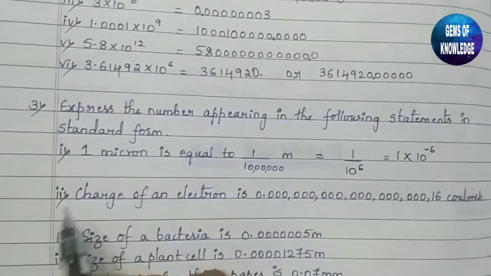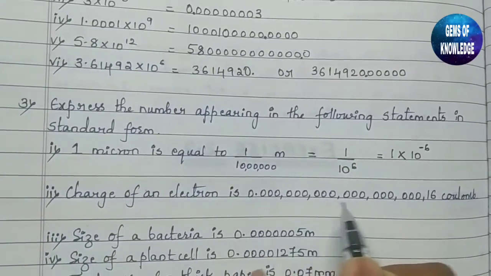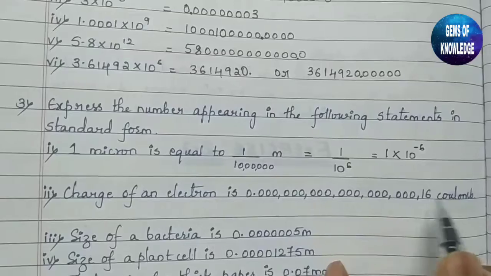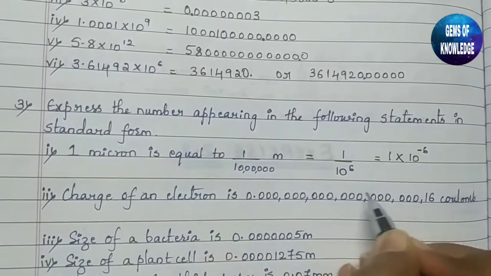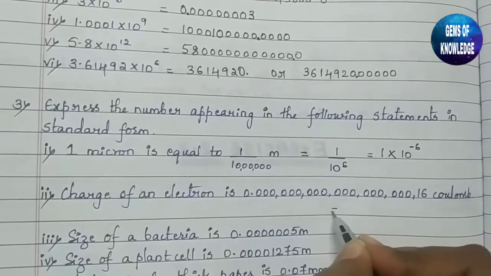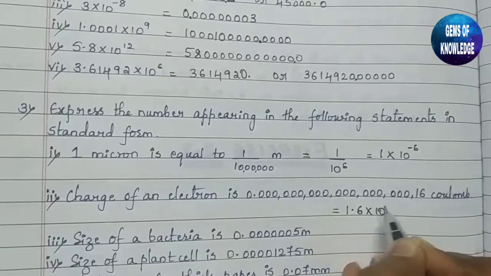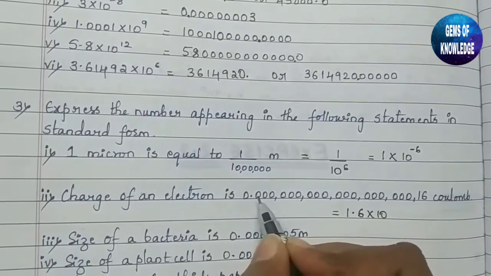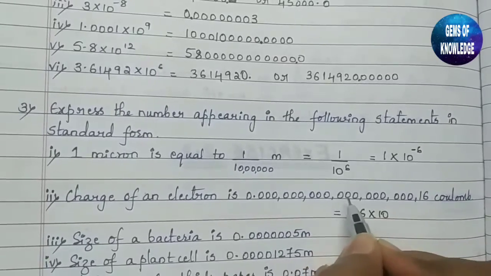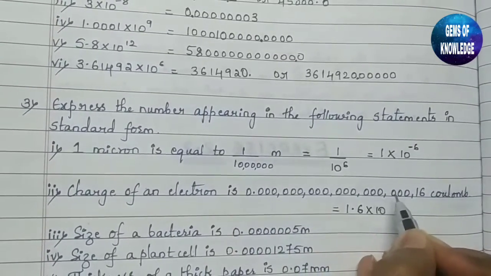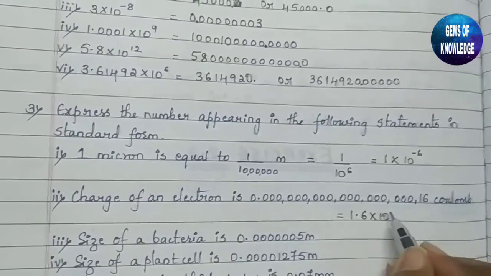Similarly, you can see the second question. Charge of an electron is 0 point and this much into 16 coulombs. So what we have to do is move our point from here to here. It must be written as 1.6 into 10 to the power of how many numbers? 1, 2, 3, 4, 5, 6, 7, 8, 9, 10, 11, 12, 13, 14, 15, 16, 17, 18 and 19 numbers we are crossing.